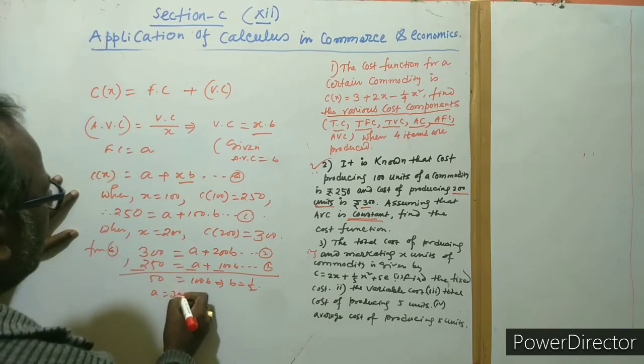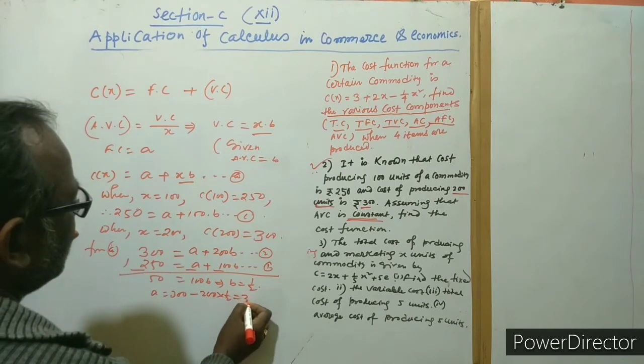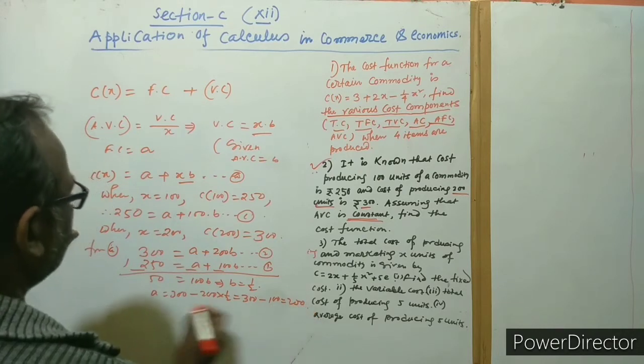So A is equal to 300 minus 200 into B, meaning half. So 300 minus 100, that is 200.